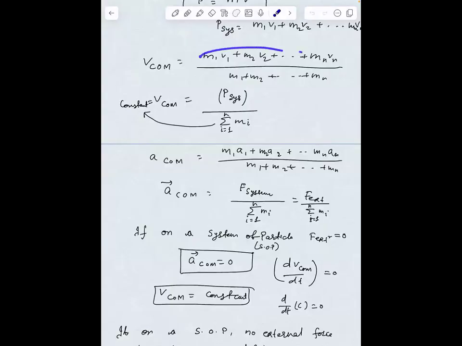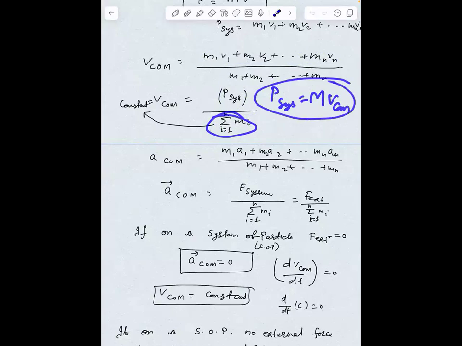This can be simply written as the momentum of the system upon the summation of all the masses, which I can take as capital M. So can I write P system is equal to capital M, the mass of the whole system, into V center of mass?